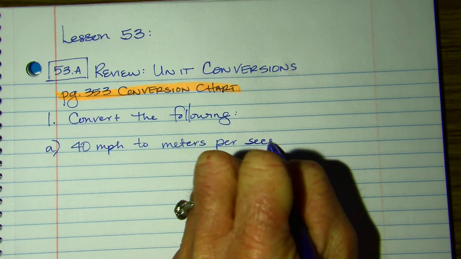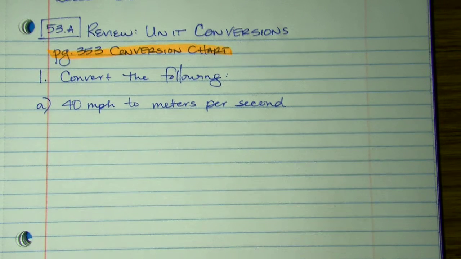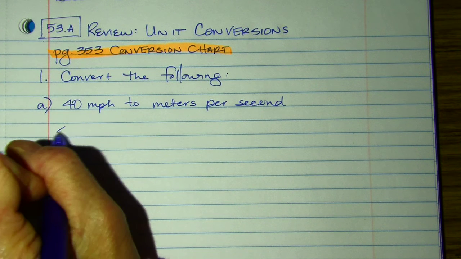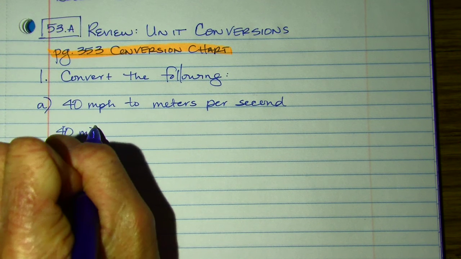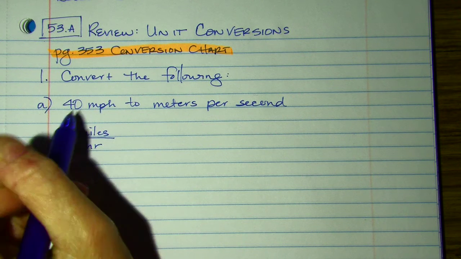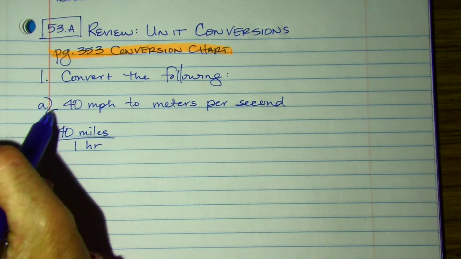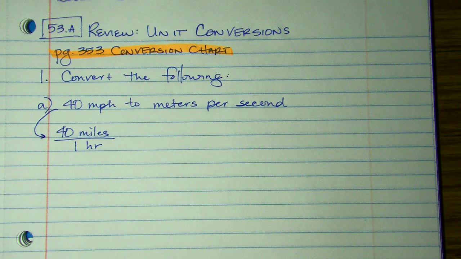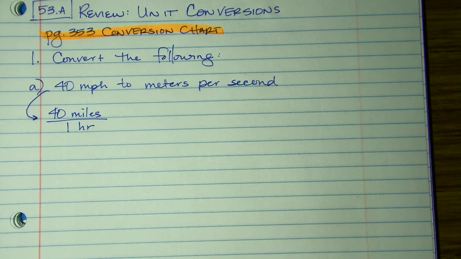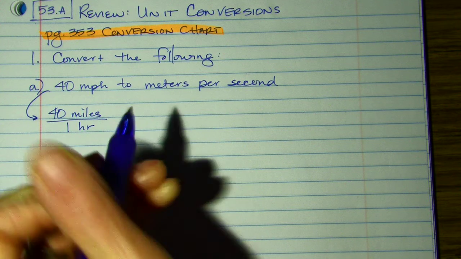And it doesn't matter what order you do things in, but just that you're canceling and setting everything up correctly. So 40 miles per 1 hour. So that is how this should be set up. Okay, and now I need to convert this to meters and seconds. It doesn't matter which one you deal with first.